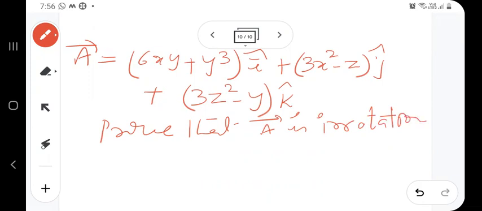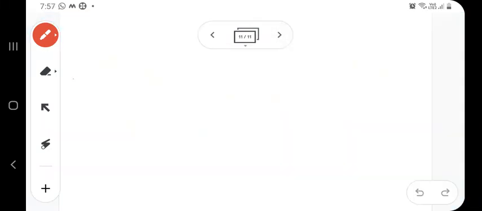So we have to show del bar cross a bar equals 0.